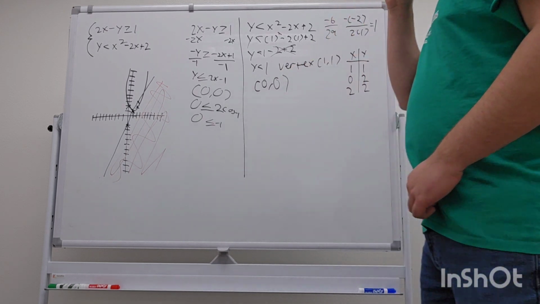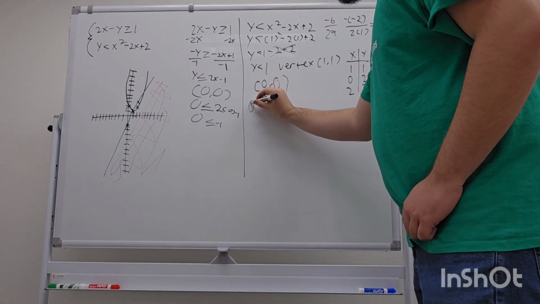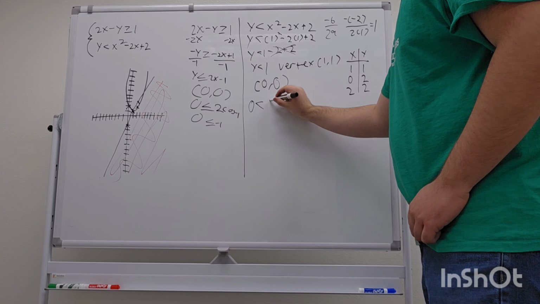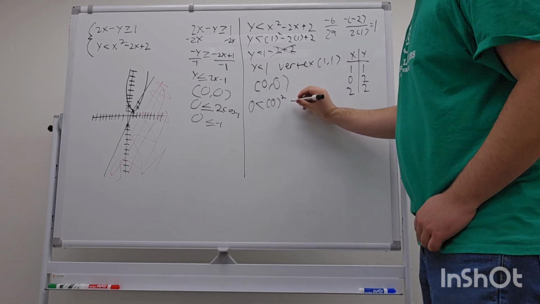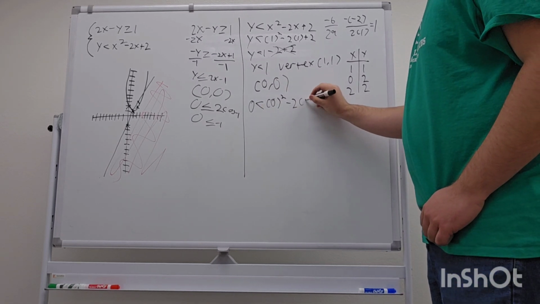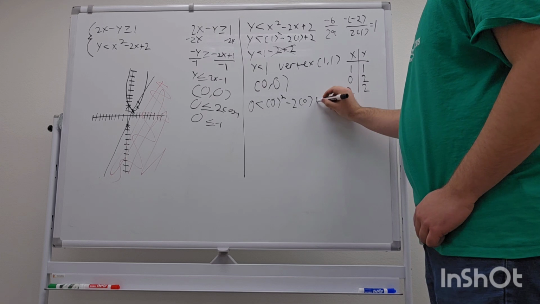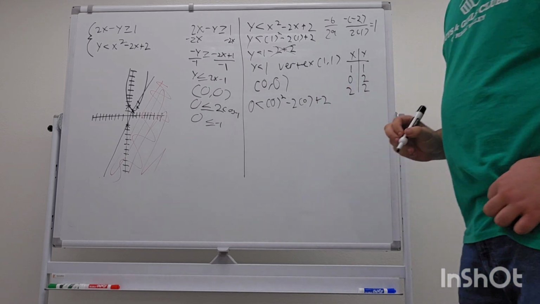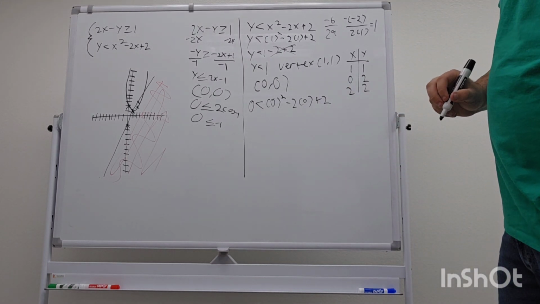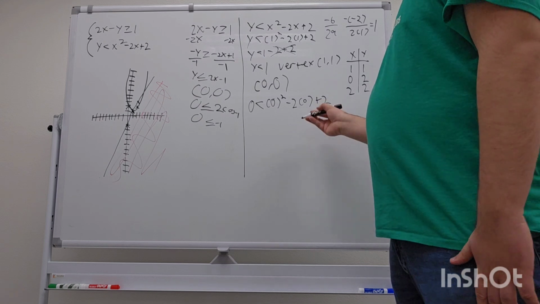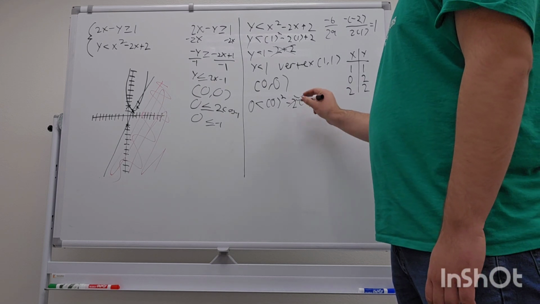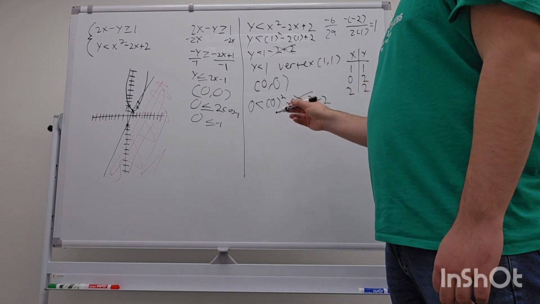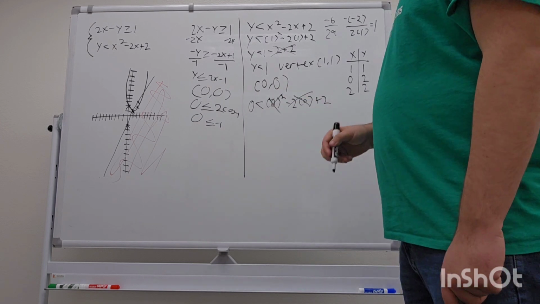And we are going to put in our 0, 0 right here. So 0 is less than or equal to 0 squared minus 2 times 0 plus 2. So 0 times 2 is nothing, or 0. 0 squared is nothing.